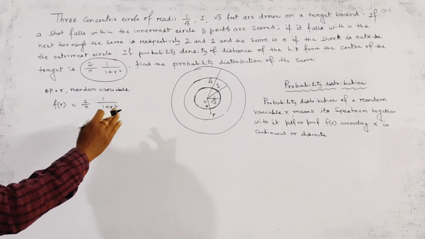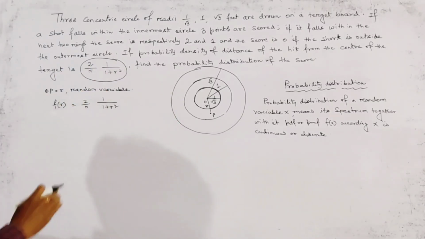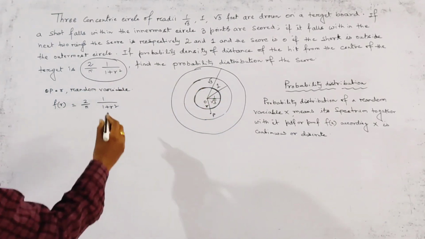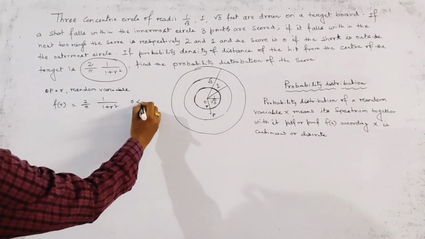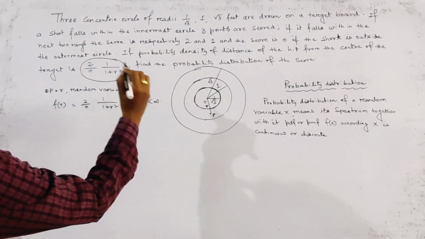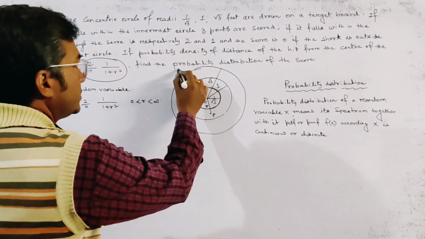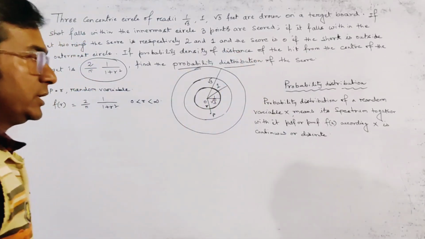Okay, for all values of r it is given. There is no change in different ranges. So we write here 0 less than r less than infinity.